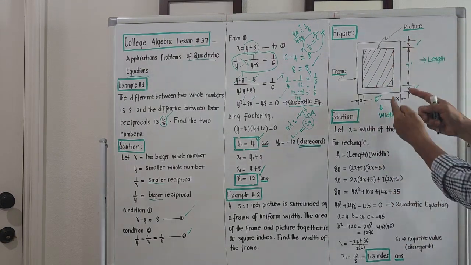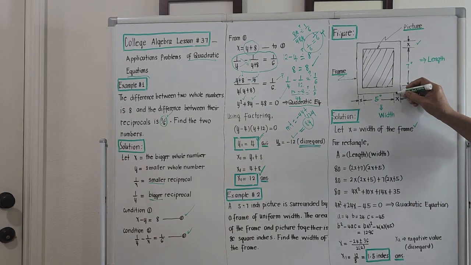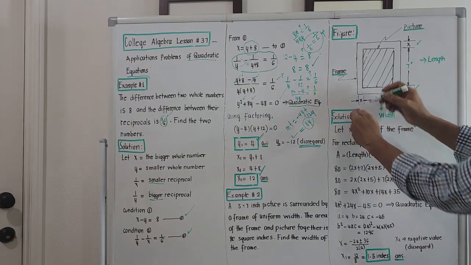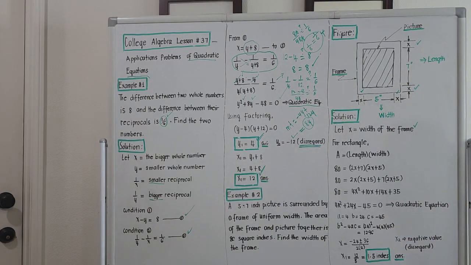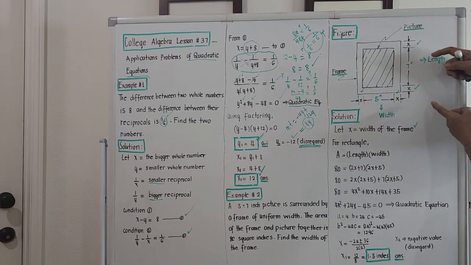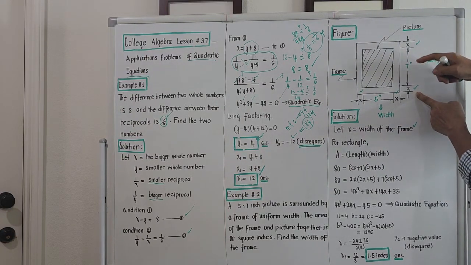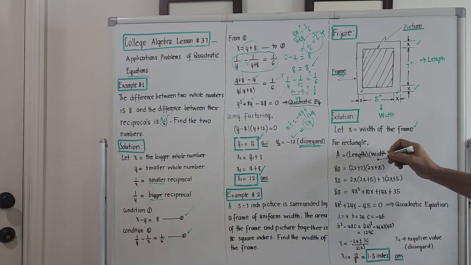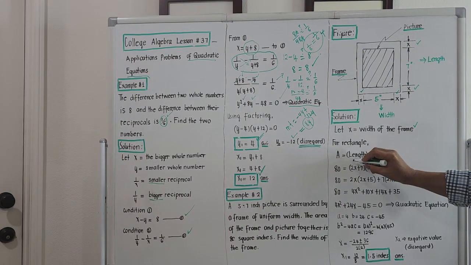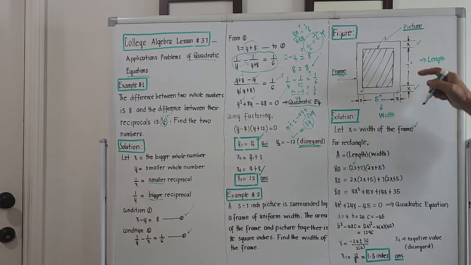Considering the vertical portion, this is also x. And this portion here, that's also x. Okay? So the overall length of the frame and picture will be x plus 7. Okay? x plus x is 2x, right? Plus 7.